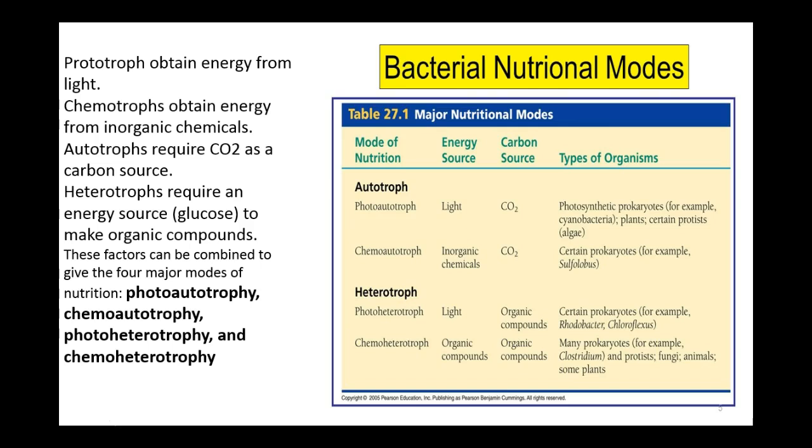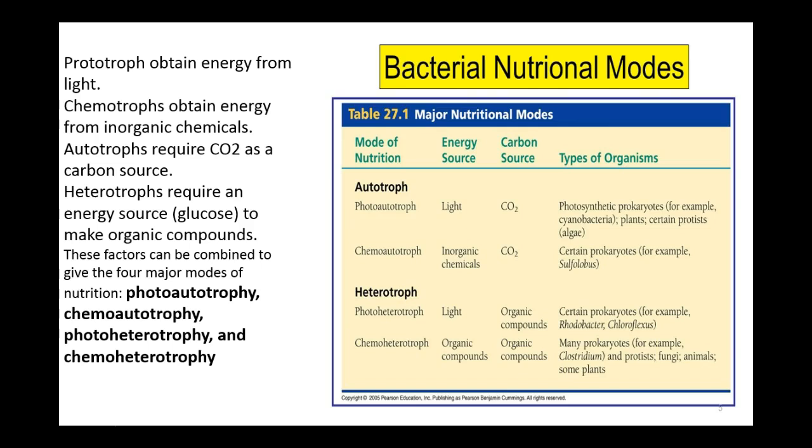They need to ingest something as their carbon source. And then chemoheterotrophs use organic compounds for their energy source and organic compounds for their carbon source. Examples of that are animals like us. Again, we're only talking about bacteria and archaea, but as examples, protists, fungi, some plants ingest their organic compounds as an energy source and also as their carbon source.